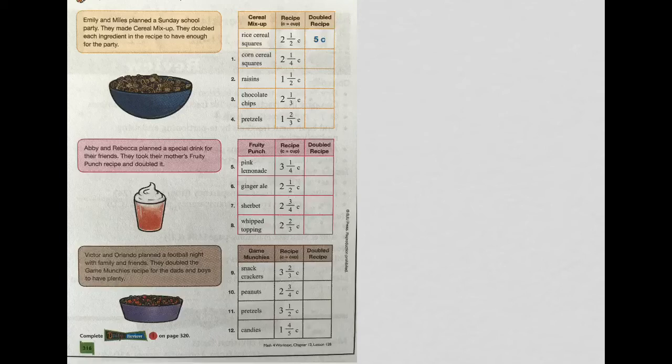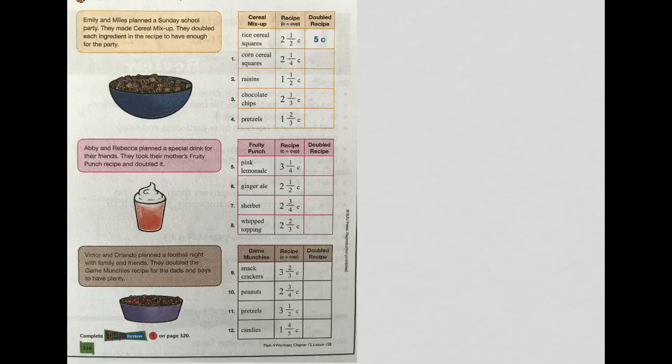So what we're going to do is take that recipe, and your moms and dads, whoever does the cooking, does this all the time. Sometimes if they want to make more of something, they have to double the recipe. So we're going to do that. We're going to take these recipes and we're going to double them.